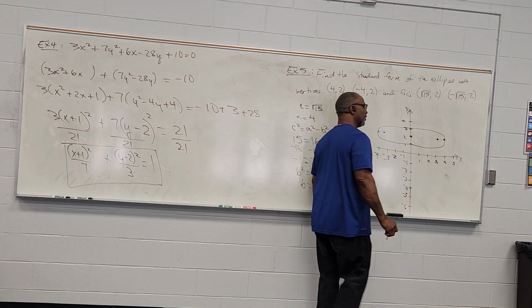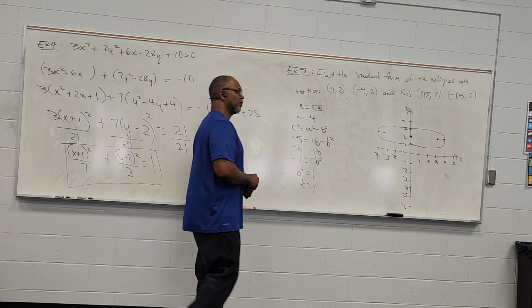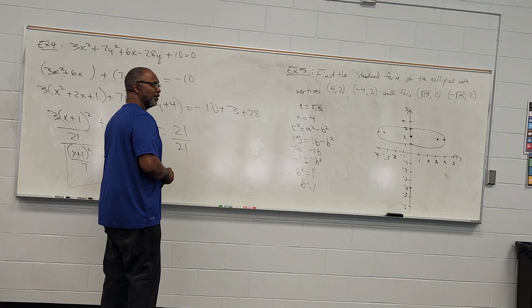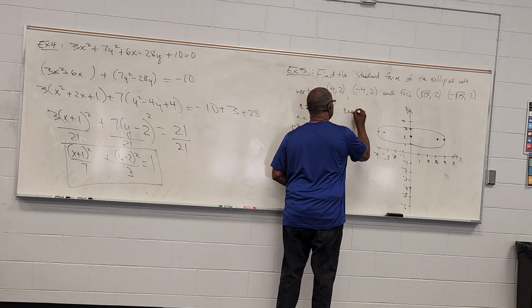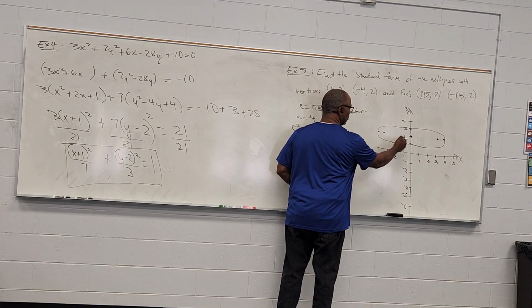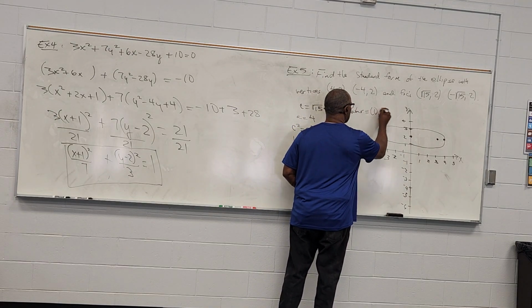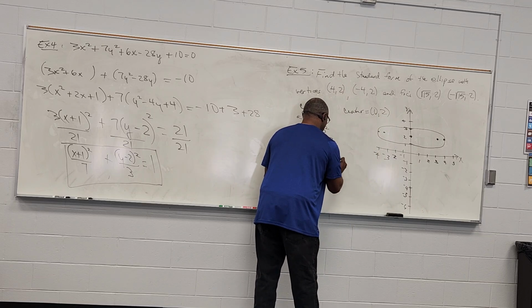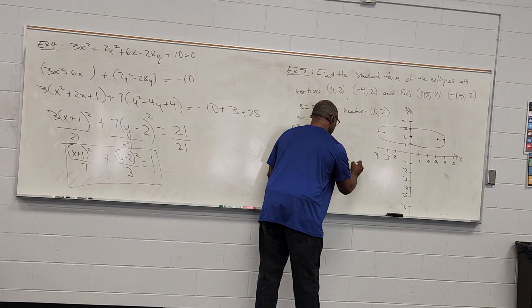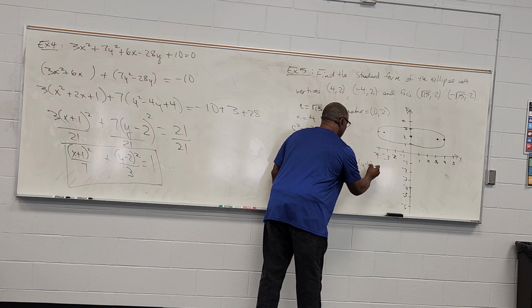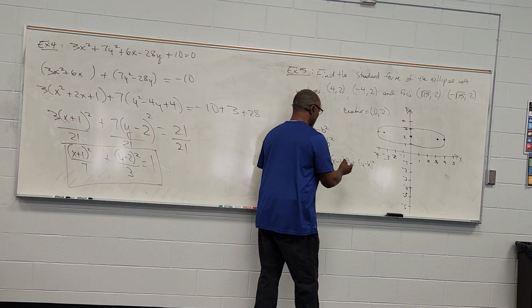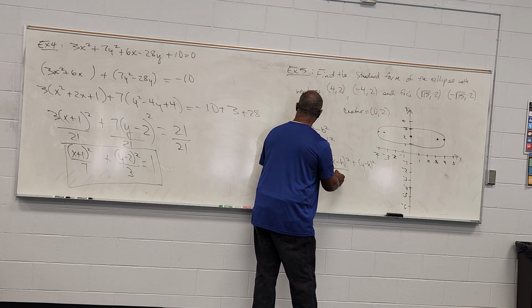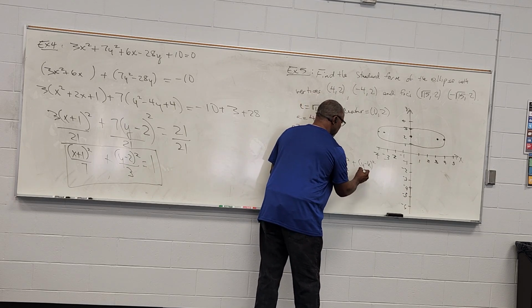That has to be my ellipse, okay? And again, the center was at (0, 2). So again, (x minus h) squared, (y minus k) squared. Since I have a horizontal major axis, the a goes here, 4 squared makes 16.